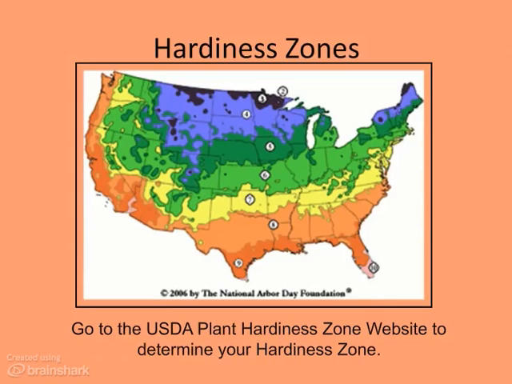For example, a zone 6B would have an average minimum temperature of -5 degrees Fahrenheit to 0 degrees Fahrenheit. The next zone warmer is a 7A, with winter temperatures averaging between 0 degrees Fahrenheit and 5 degrees above zero. Massachusetts, for example, ranges from a zone 5 in the Berkshires in western Mass to a zone 7 in the coastal regions of the Cape.